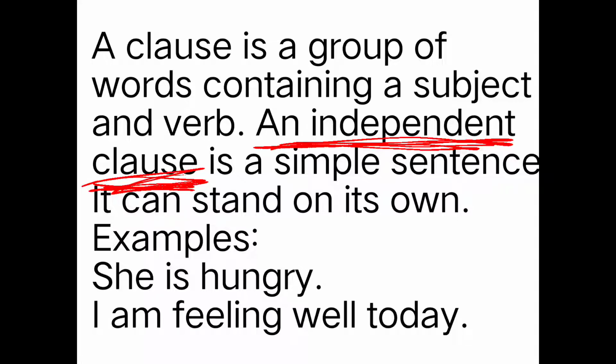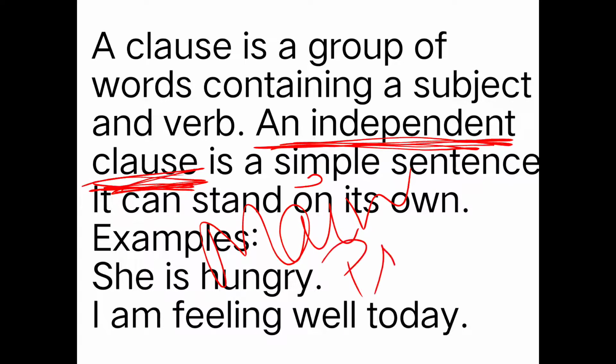It is treated as the main clause or principal clause. These three, main clause, principal clause and independent clause, are all the same. So what is an independent clause? First understand, it can stand on its own.